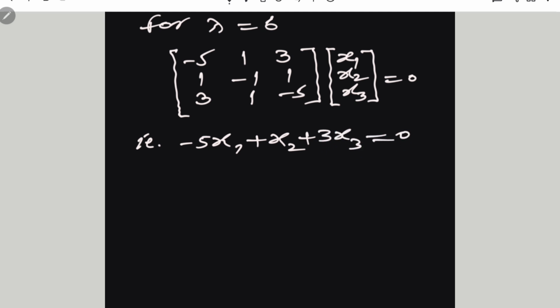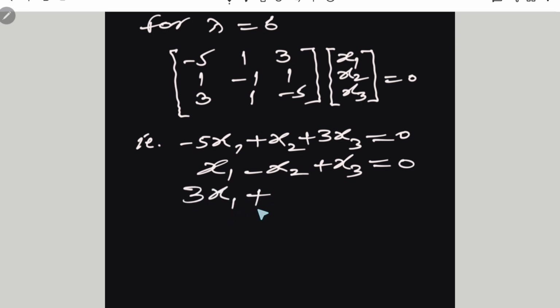Second equation: x1 minus x2 plus x3 equals 0, and then multiplying the third row by that column we get 3x1 plus x2 minus 5x3 equals 0.